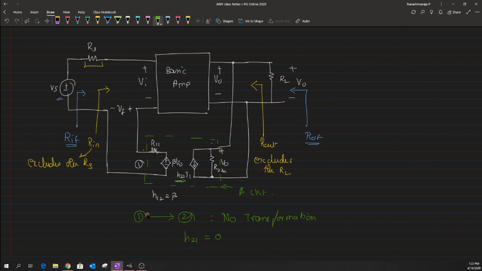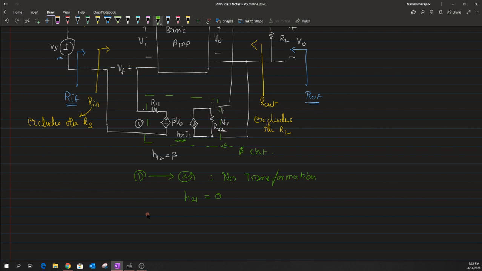Clear? So normally we will just replace this H21 with an open circuit, such that it pulls this transformation of 1 to 2 out of this particular circuit.